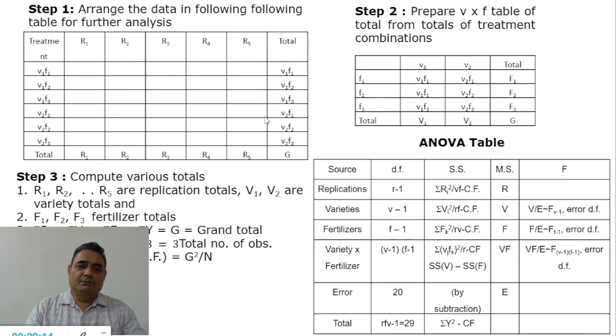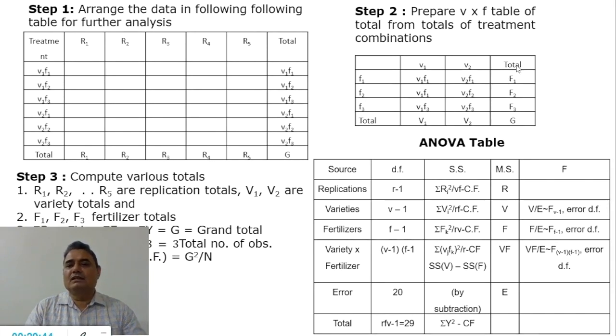Now with the help of these totals you can prepare a V into F table. This is the V into F table, variety 1, variety 2, F1, F2, F3. So this is V1 F1, this observation is put here. V1 F2, this is F2 here, V1 F3. So you make a table, then find the sum of rows and sum of columns.